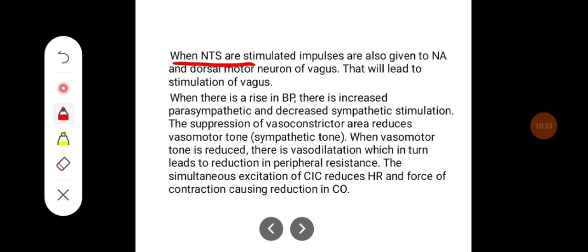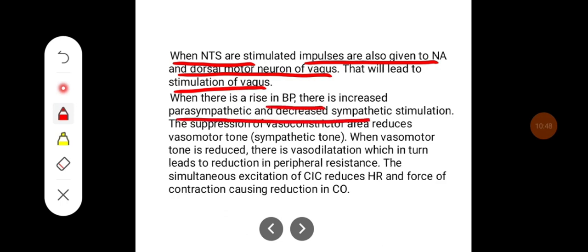When the nucleus tractus solitarius is stimulated, impulses are also given to the nucleus ambiguus and dorsal motor nucleus of the vagus. That will lead to stimulation of the vagus. When there is a rise in blood pressure, there is increased parasympathetic and decreased sympathetic stimulation.